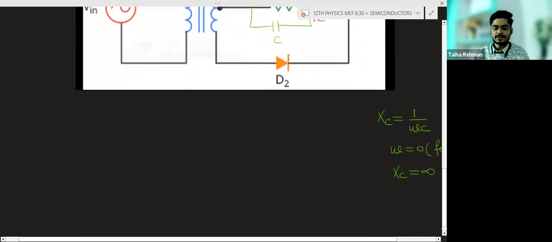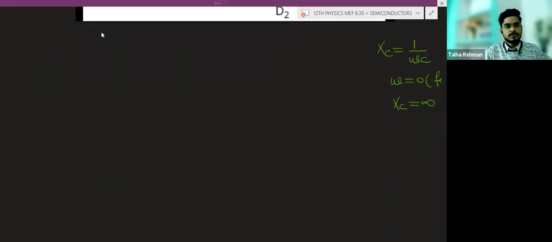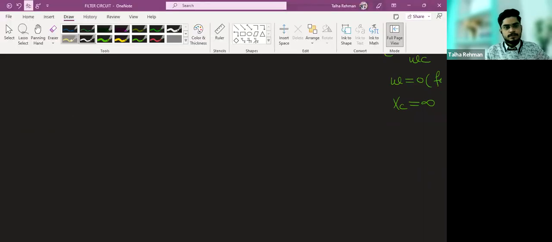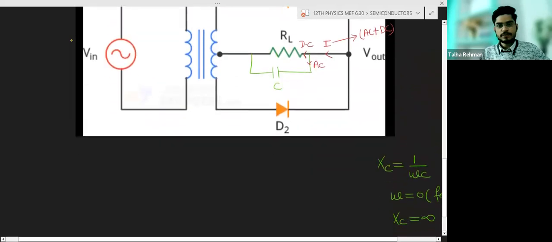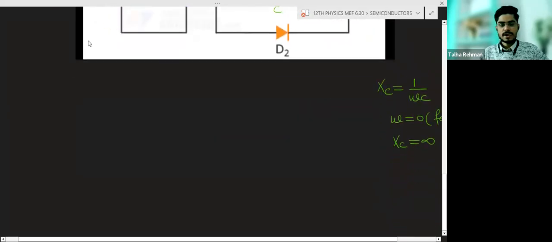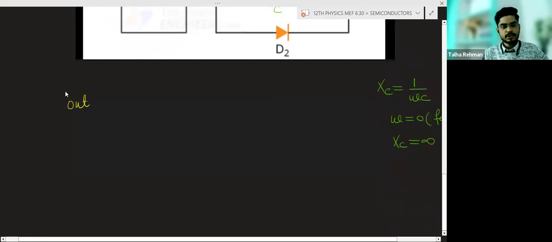Now we will write some theory for it, then we will finish it. And what type of output will we get? We will get this type of output.